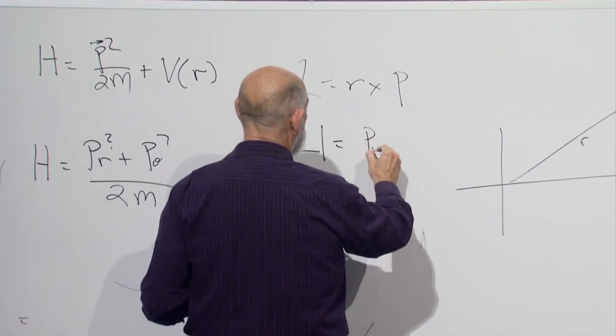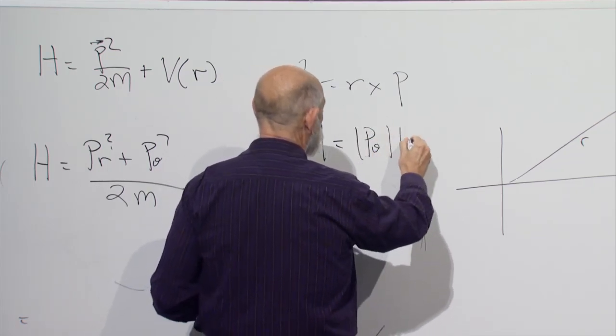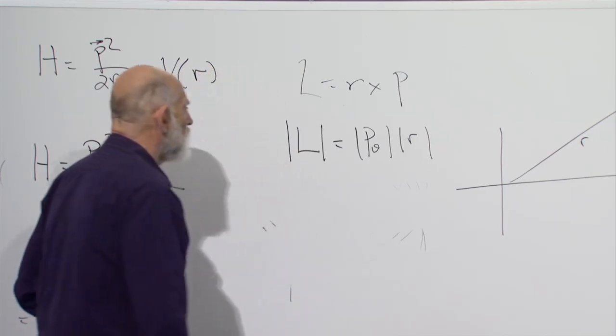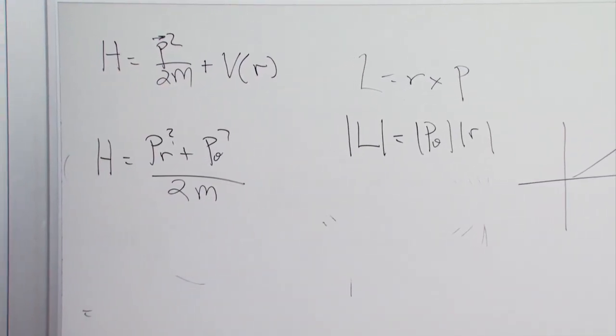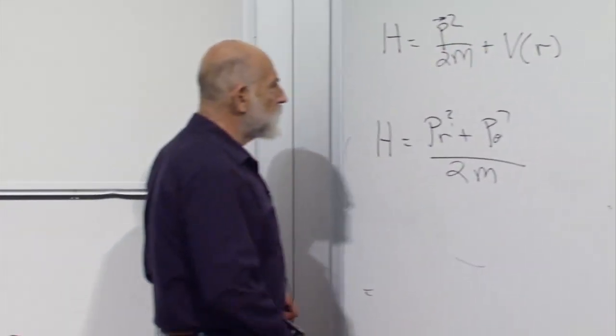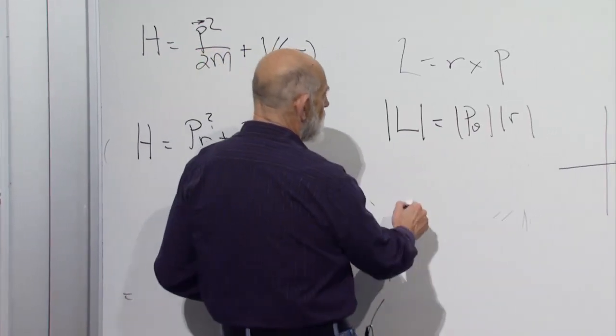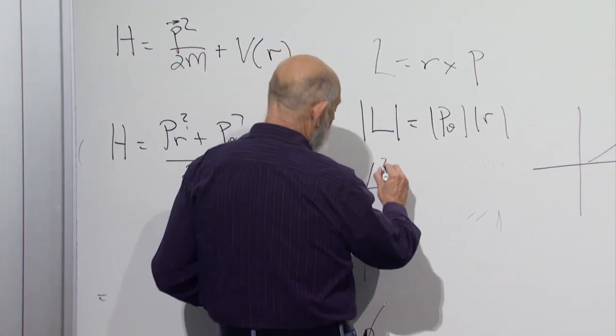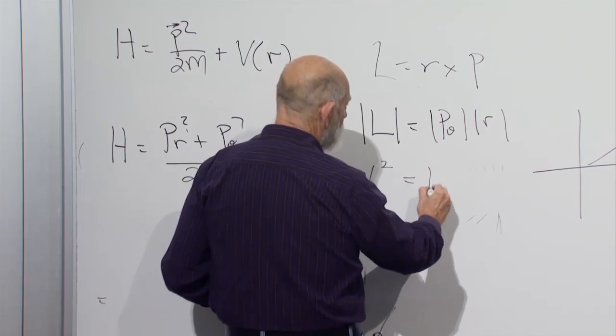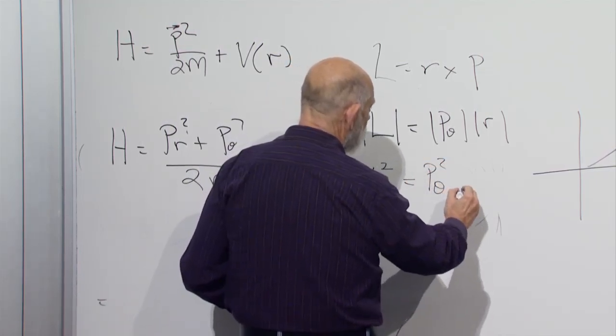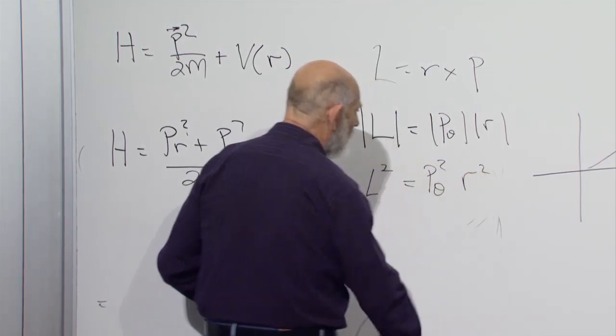Magnitude: p theta times r. Or another way to write it is that, first of all, L squared is equal to p theta squared times r squared.